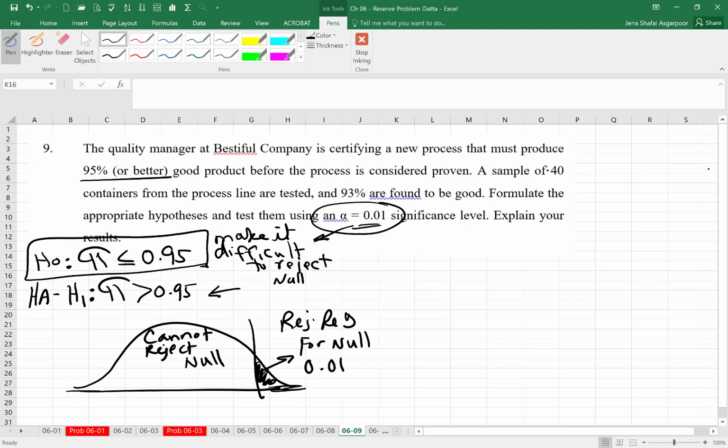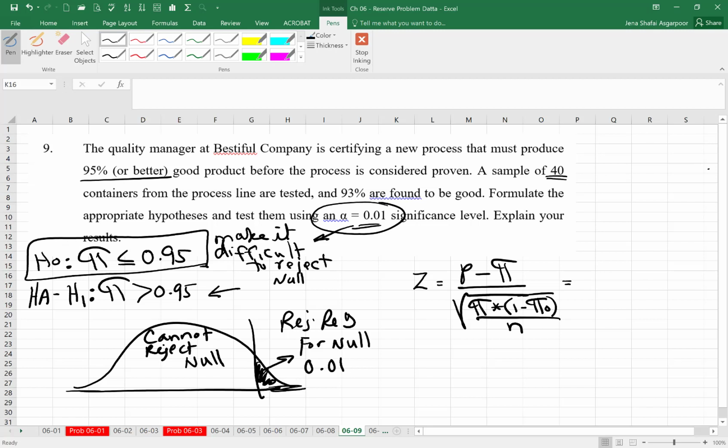Now, in this case, because we have a sample size of 40, we use the z-test because that's more than 30. For a one proportion test, the test statistic is computed like this. The proportion from the sample, lowercase p, minus the hypothesized null, divided by the square root of the hypothesized null times 1 minus the hypothesized null, divided by n, which is the sample size.